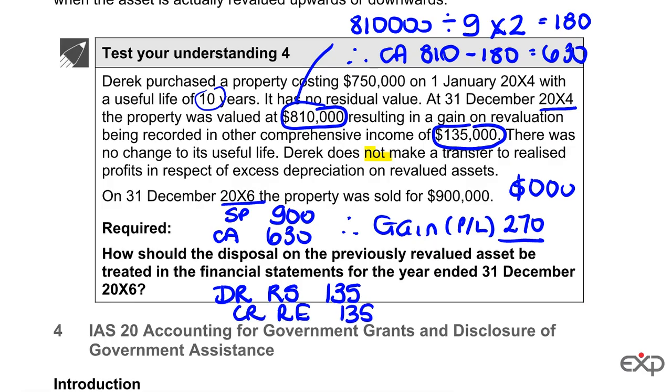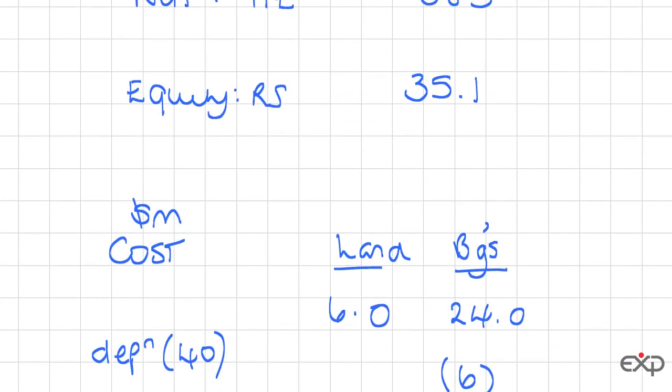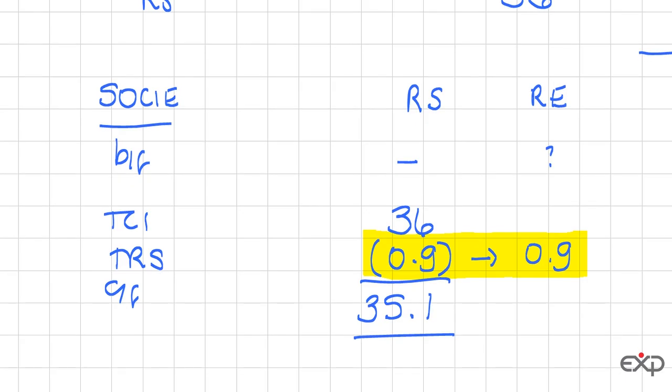Now, do you remember how we dealt with this when we looked at the previous Test Your Understanding? We highlighted the fact that we had this transfer between the two. And the journal that I've just given you for 135 would be dealt with in the same way. You deduct it from the revaluation surplus and you add it to the retained earnings.